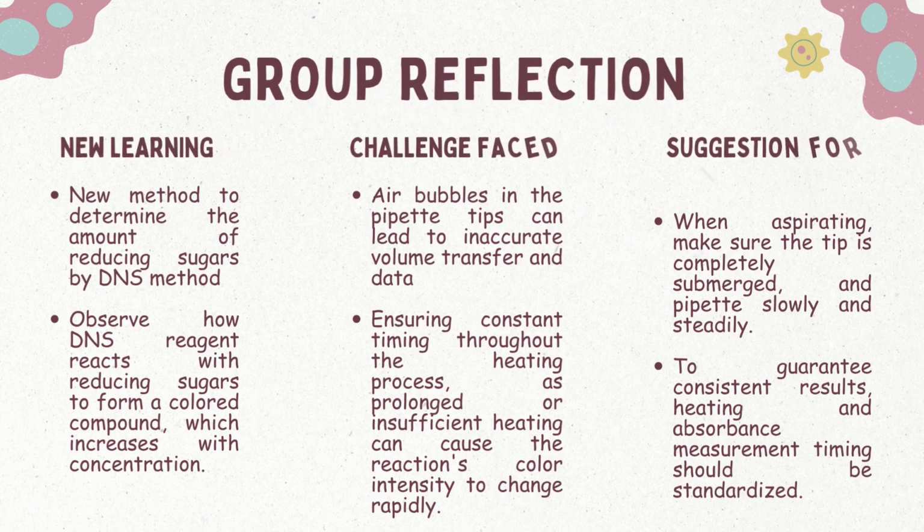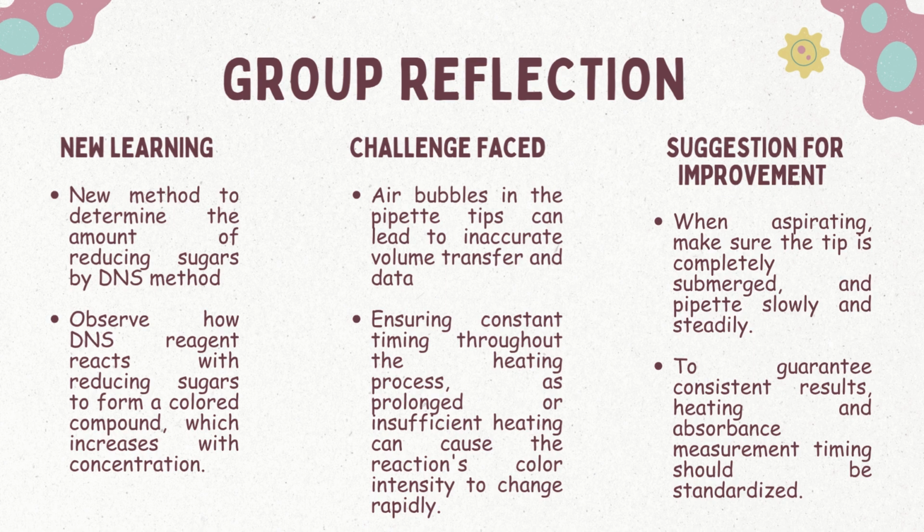Then for our group reflection, we learned a new method to determine the amount of reducing sugar by the DNS method, and we can observe how the DNS reagent reacts with reducing sugar to form a color compound which increases with the concentration. Next, there were several challenges we faced during the experiment.